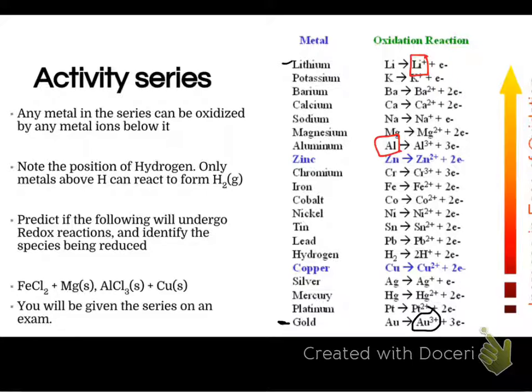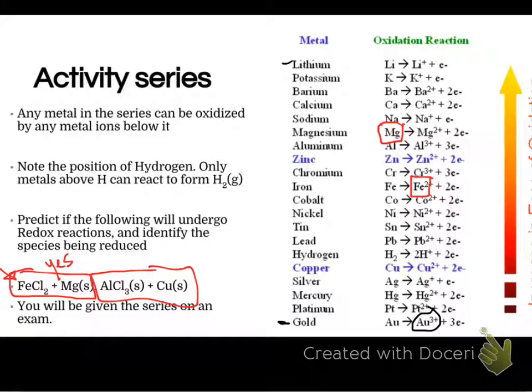Looking at this reaction here, this is the first reaction in red. We're mixing the ion of iron 2 plus, because it's in a compound as FeCl2, with magnesium the metal. So here's magnesium the metal, here's iron 2 plus. The element is above the ion, so this reaction will go. The next pair is between aluminum chloride and copper.